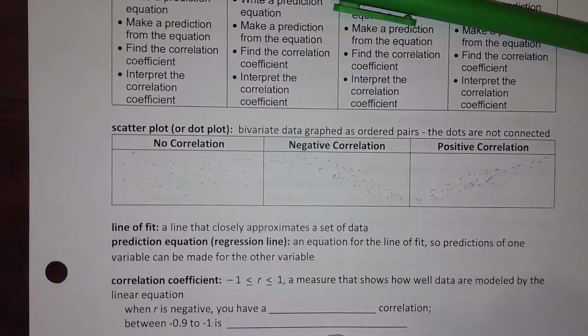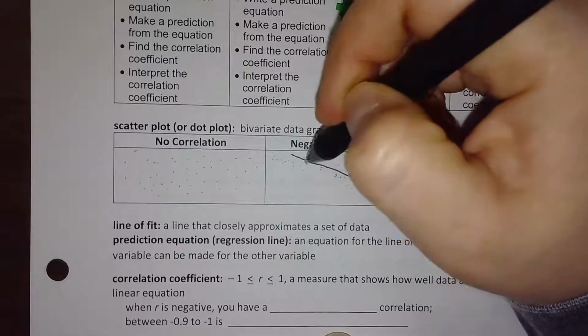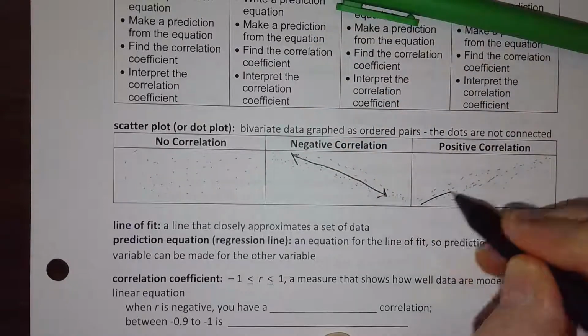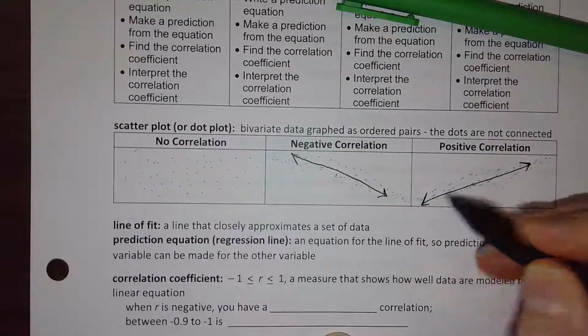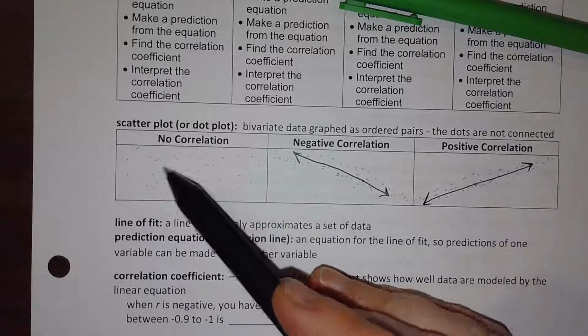So if you were to take a line of fit, you would draw a line that would fit your data. If you look at these two lines I drew, this one has a negative slope, this one has a positive slope, and there's no line that I could draw that would fit the data.